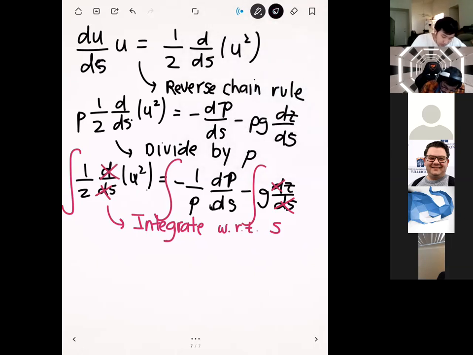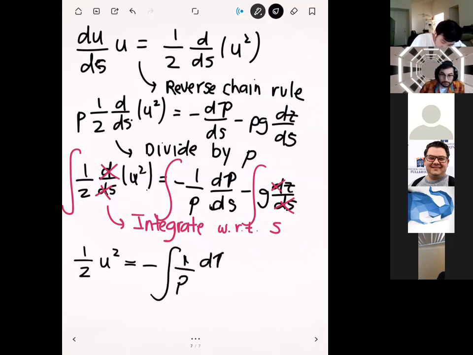But once we do that, we have 1/2 u squared is equal to minus the integral of 1 over rho dp ds ds minus gz. Close to jz, but this is his off-brand cousin gz.